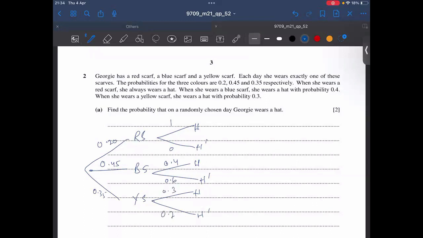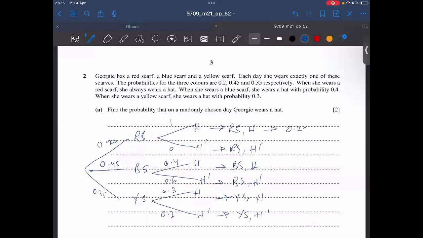Is it clear or not, Miss Iman? Yes, sir. Now let me complete the probability. So RS comma H, BS comma H, BS comma not H, YS comma H, and YS comma not H. So what is the probability?